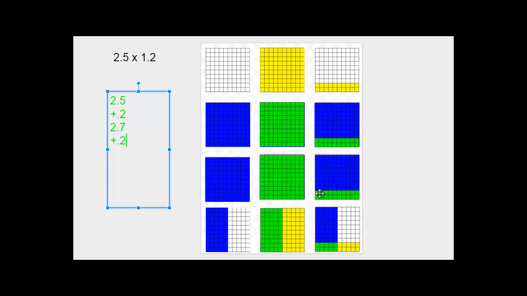So that would give us 2 and 9/10. And finally, we're going to add 1, 2, 3, 4, 5, 6, 7, 8, 9, 10. So 10 hundredths or 1/10, and that's going to give us the number 3. So 2 and 5/10 times 1 and 2/10 is 3.